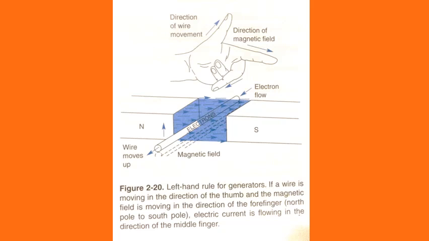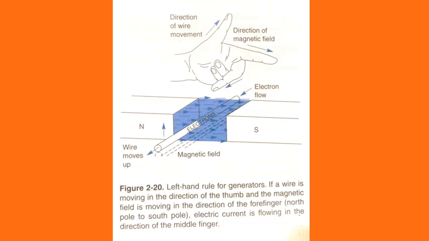According to the rule, the thumb is pointing in the direction the wire is moving. The forefinger is pointing in the direction of the magnetic field, north to south, and the middle finger is pointing in the direction of the induced electron flow. This statement is also known as Fleming's rule.